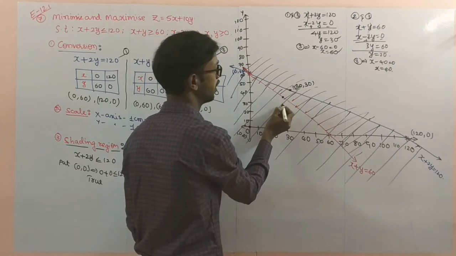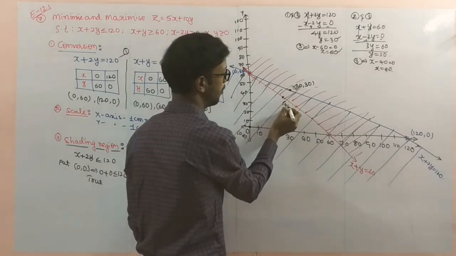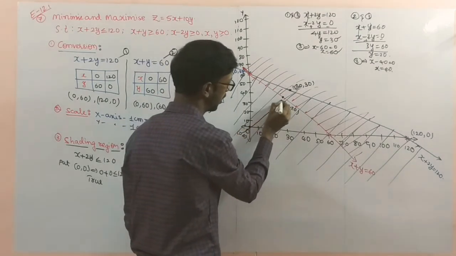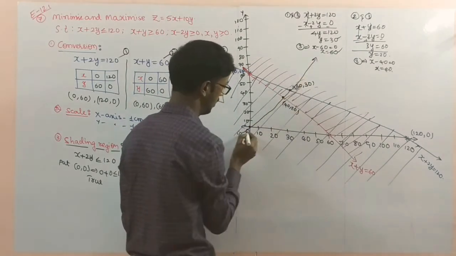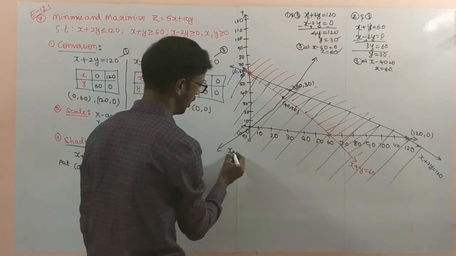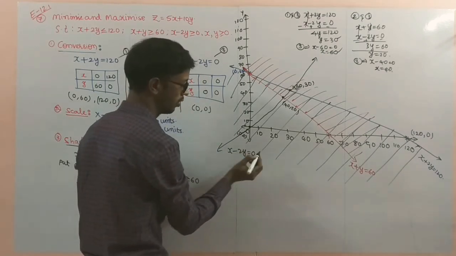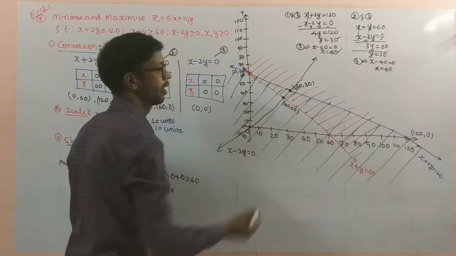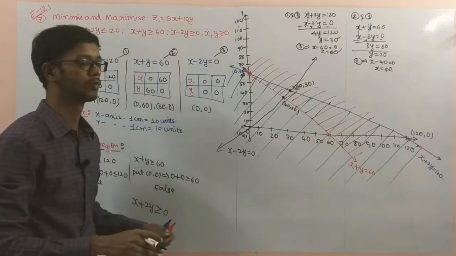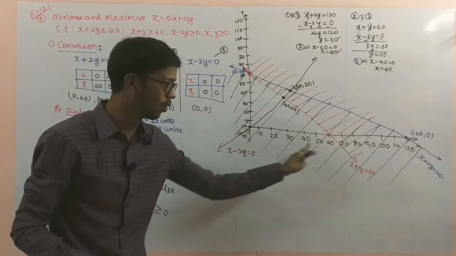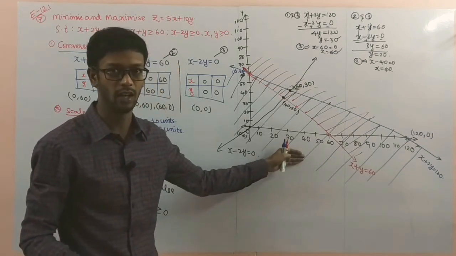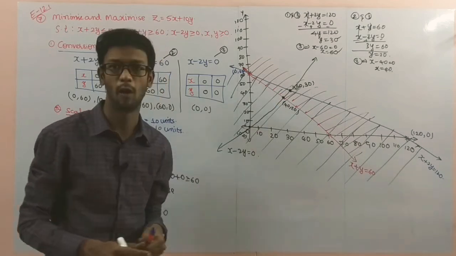Approximately this point is 40 comma 20. So passing through this point, this is the third line equation, x minus 2y equal to 0. If you are taking a graph, perfect points you will get.